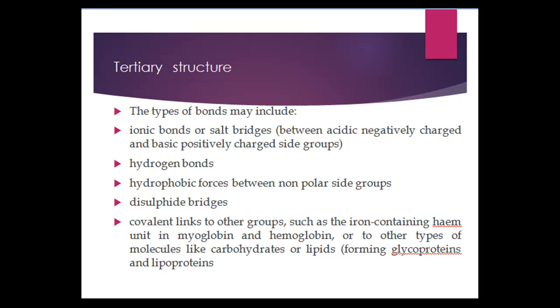Next, hydrogen bonds between the carboxyl group and amino group and the hydroxyl group on side chains. Hydrophobic forces between non-polar side groups. The other, disulfide bridges: strong covalent bonds between thiol groups on pairs of the amino acid cysteine.